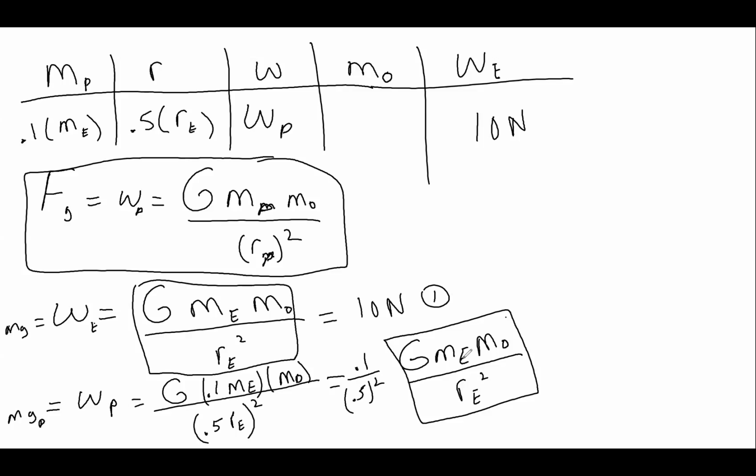This is the exact same thing. So the only difference is, for my new value, the weight on the planet will be whatever this number is. So I'm going to take this number, whatever it is, and multiply it by 10 newtons, because that's the only difference in these two numbers. So now I can find the weight of the object on the planet.